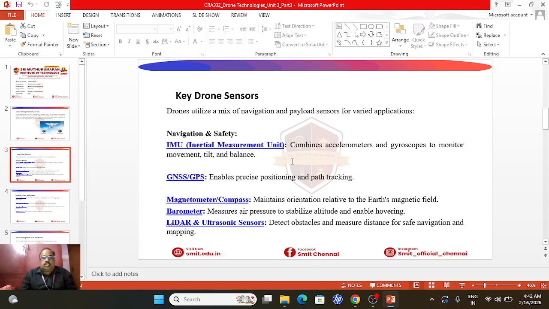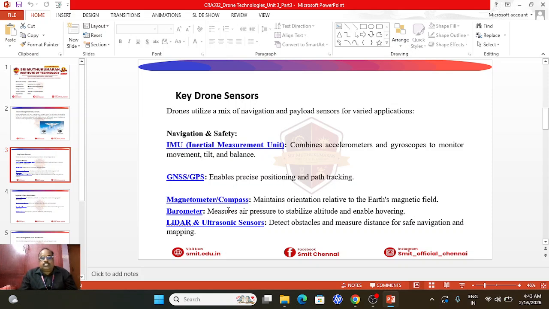These all come under GPS positioning and navigation. Also, the magnetometer and compass maintain orientation relative to the Earth's magnetic field. The magnetic compass maintains the orientation, and the barometer measures the air pressure.